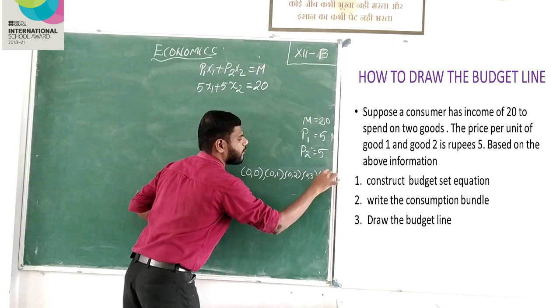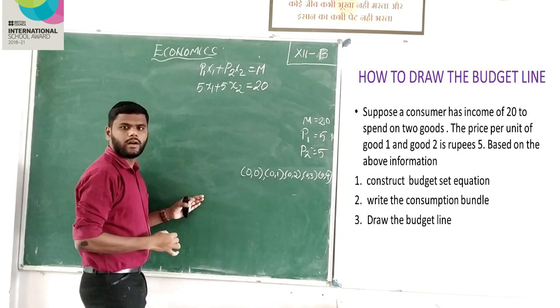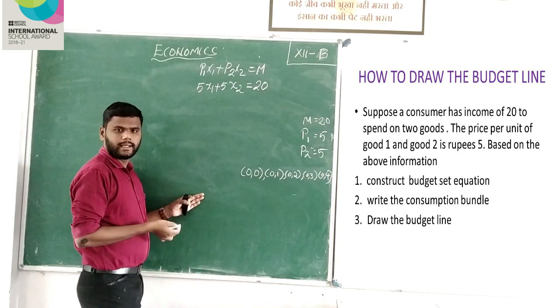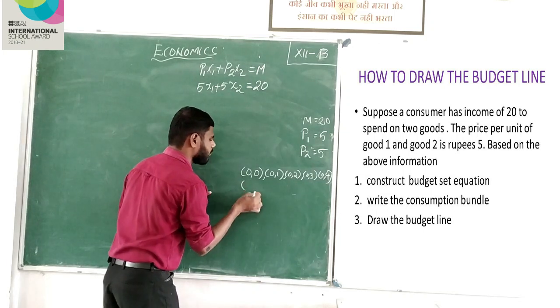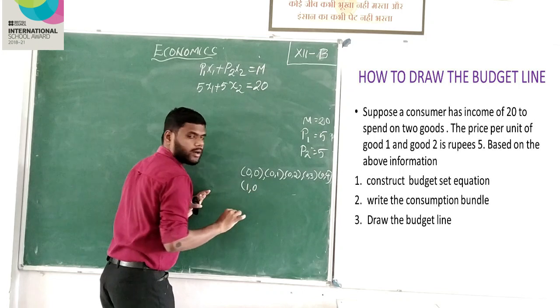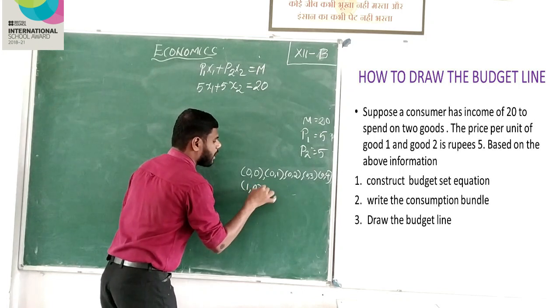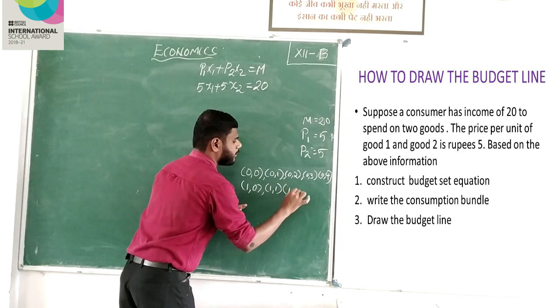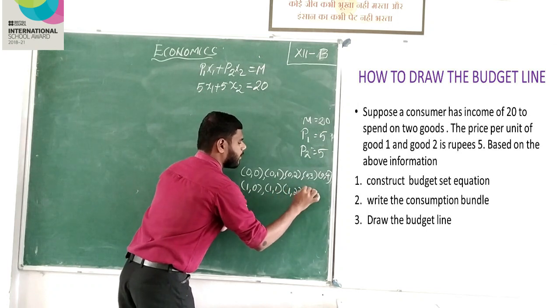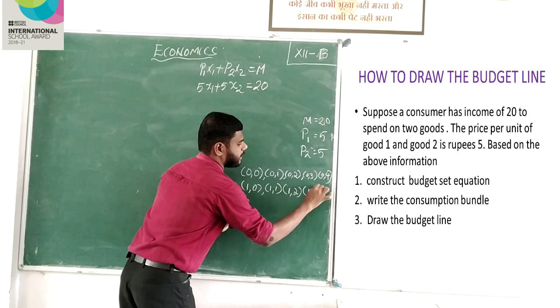Then 0, 4. The next choice is 1, 0, 1, 1, 1, 2, and 1, 3.